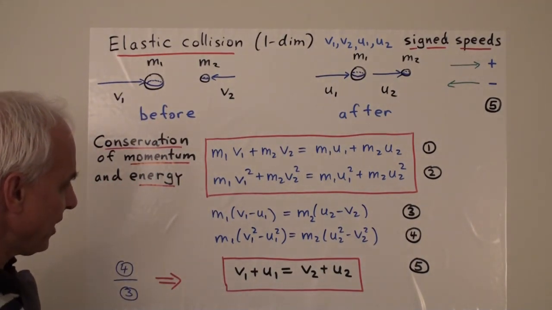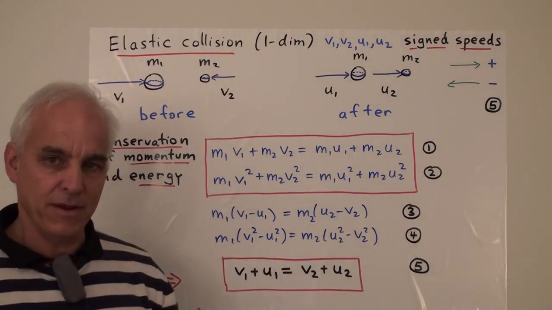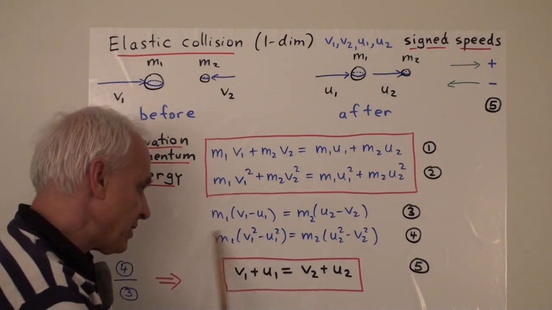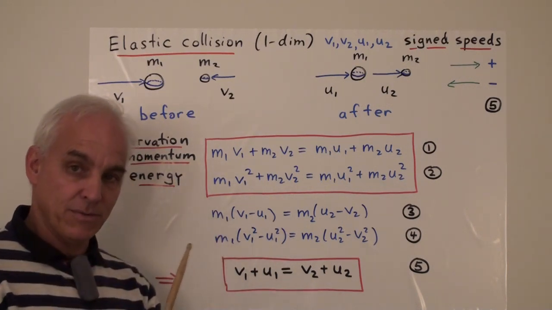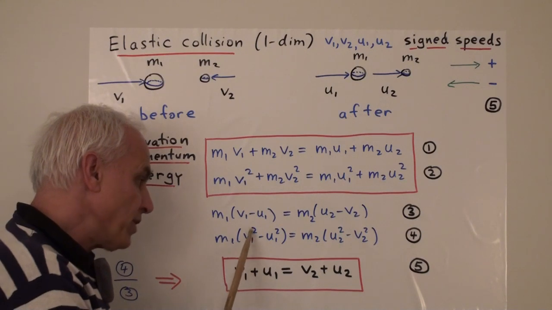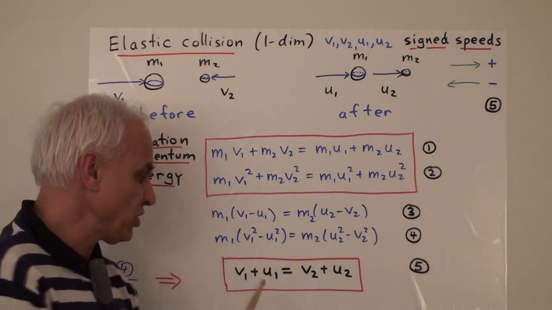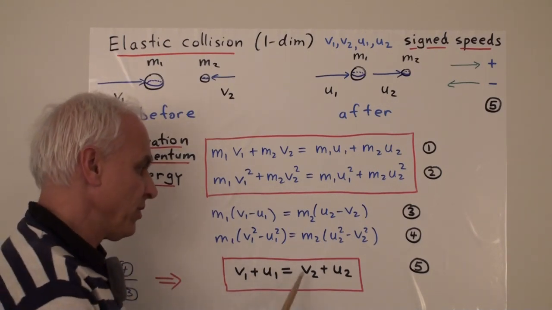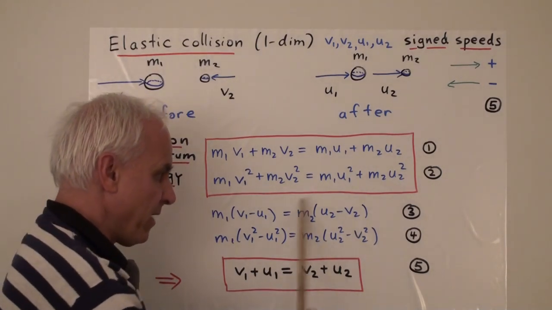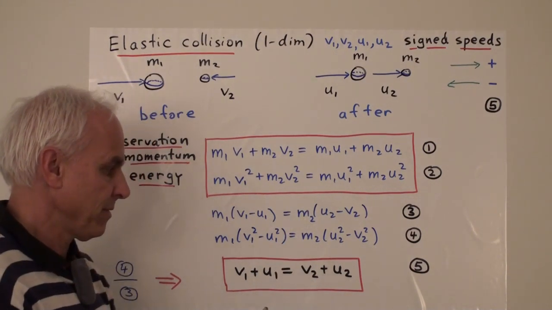And now let's take equation 4 and divide it by equation 3. So we'll take this expression divided by this expression, in which case the m1s will cancel, and v1 squared minus u1 squared divided by v1 minus u1 is just v1 plus u1. And so that's going to be equal to this thing divided by this thing, which is similarly v2 plus u2.